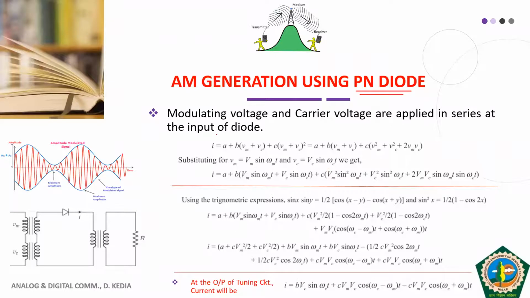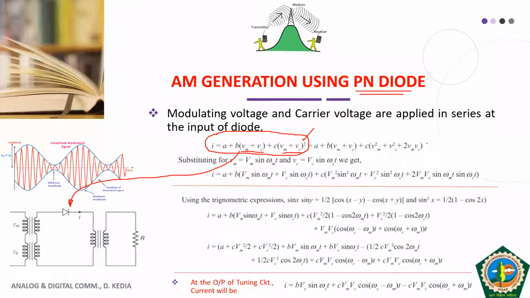We have considered the relationship between voltage and current up to second order. By considering the non-linearity, we are applying the sum of the two signals. So we have A plus B times Vm plus Vc, plus C times Vm plus Vc squared. Vm plus Vc means the sum of the modulating signal and the carrier. This Vm plus Vc has been applied to the diode, having non-linear resistance.